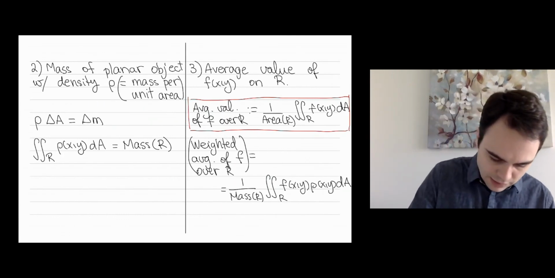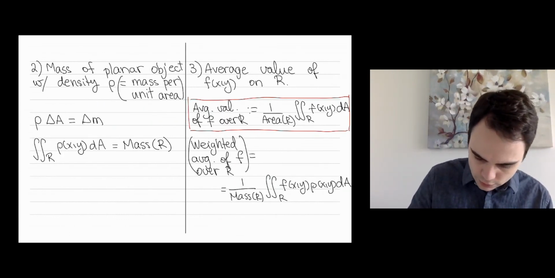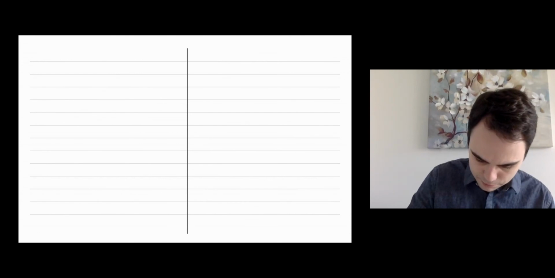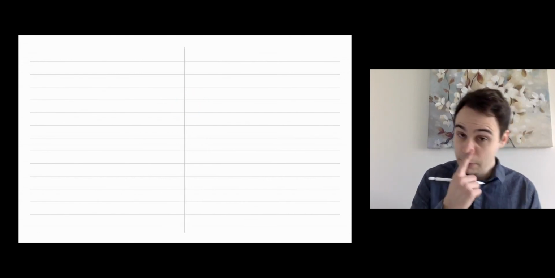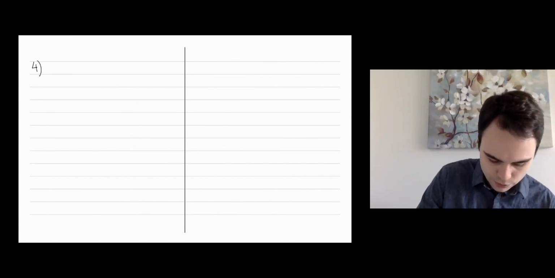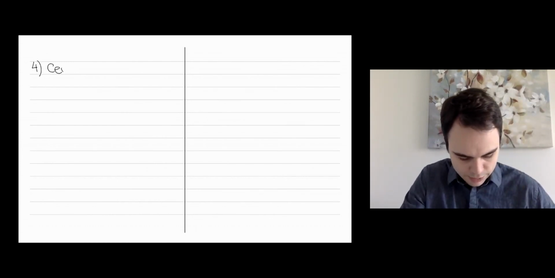Okay, so the next application I'd like to show you comes from physics. It's an example of the previous one. So we can use double integrals to compute the center of mass of a planar region.